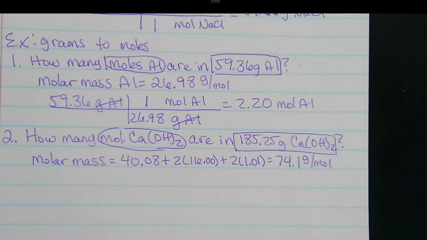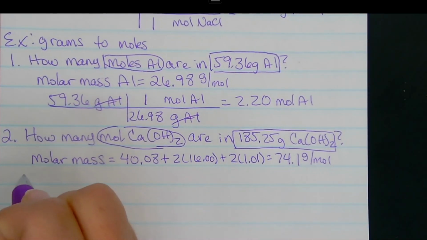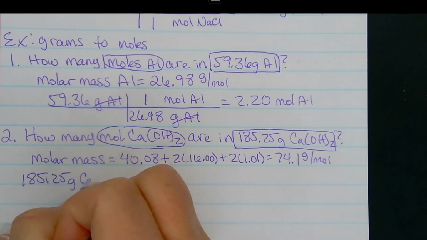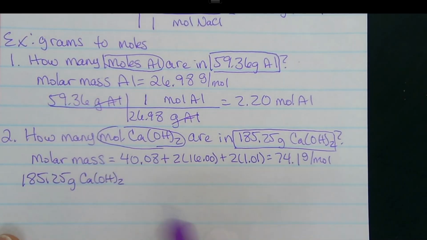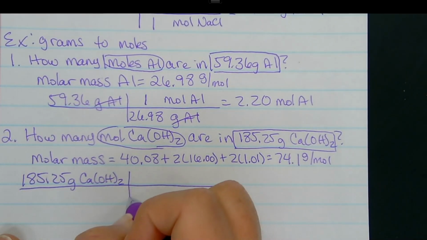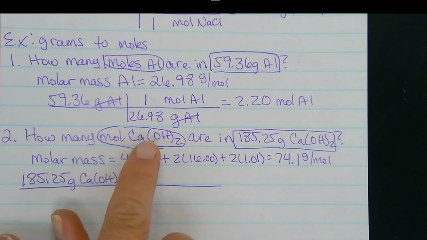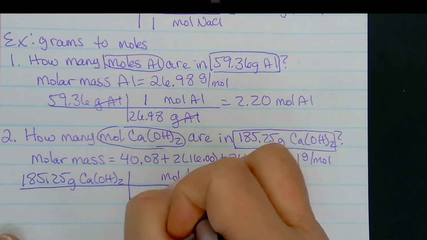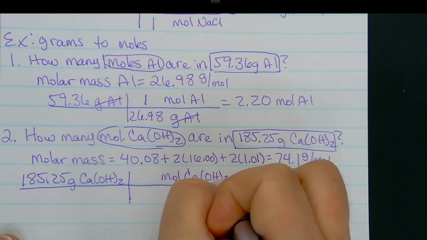Then we're going to write our given, or what we boxed. So we're going to write 185.25 grams of calcium hydroxide. Set up my train tracks. You're going to put the units of what you want on the top, so what you circled. So I want moles of calcium hydroxide.